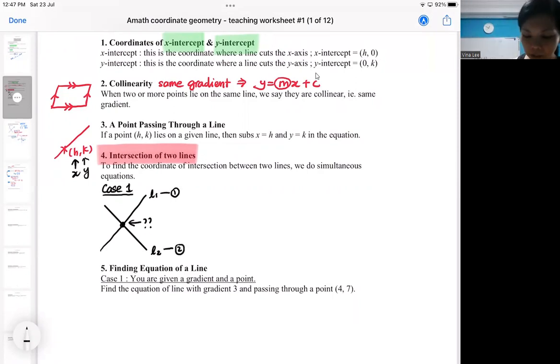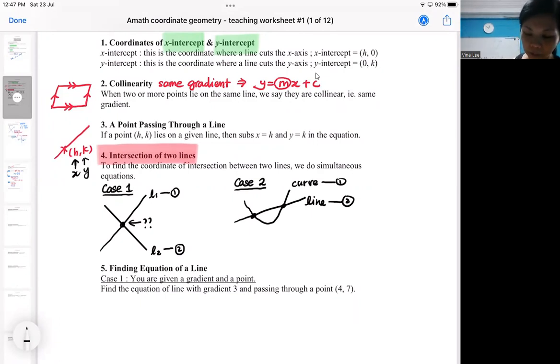Okay, another case that happened will be where you get two intersection points. You will be getting a curve and a straight line. So when there is a curve and straight line, obviously you will get two coordinates.